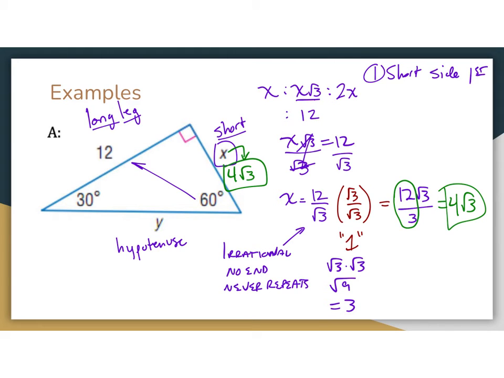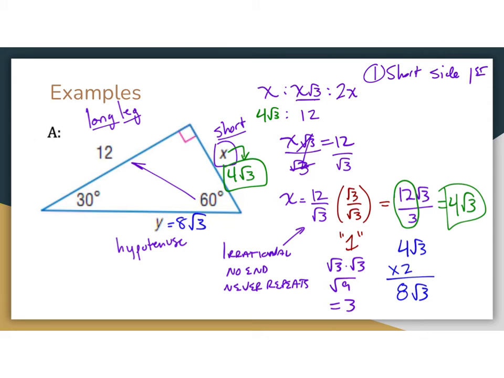Now, to find my hypotenuse, I just need to take 4 square root of 3 times 2, which is merely 8 square root of 3. Once you have the square root of 3, you can multiply the numbers outside of it. It's not that big of an issue. You just bring the square root of 3 along. So that will be my hypotenuse.